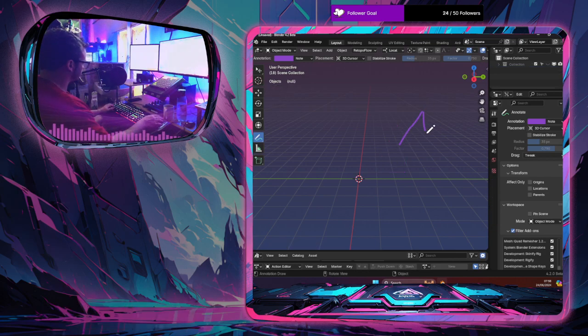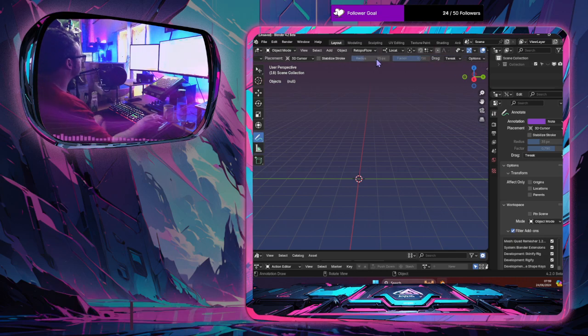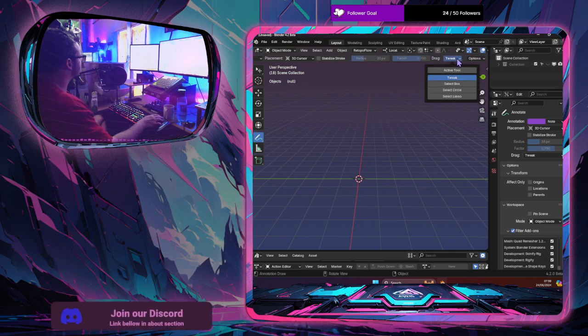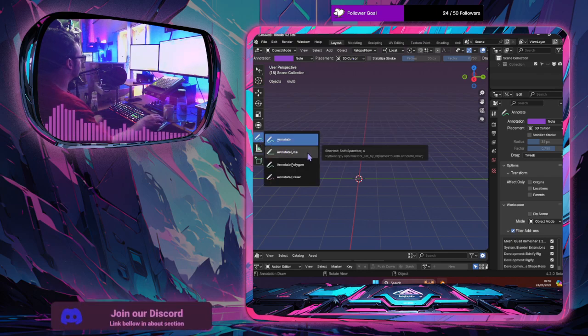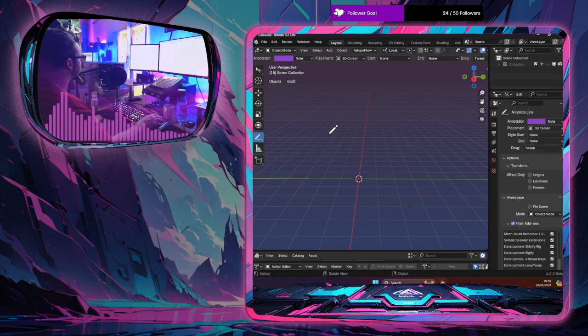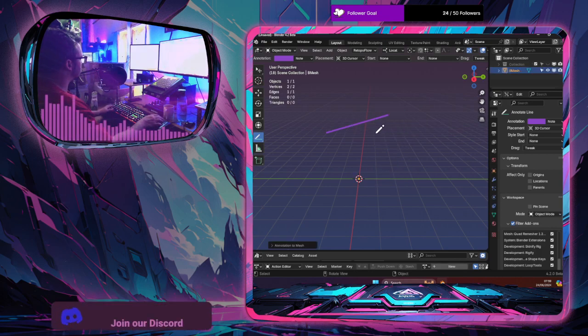That's a triangle. Yeah, exactly. Because of that curvature there, I got a circle. Does this work with these guys? Line. Okay.